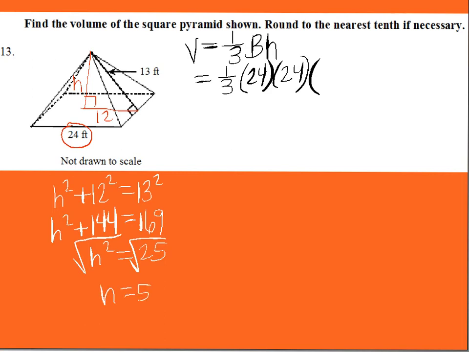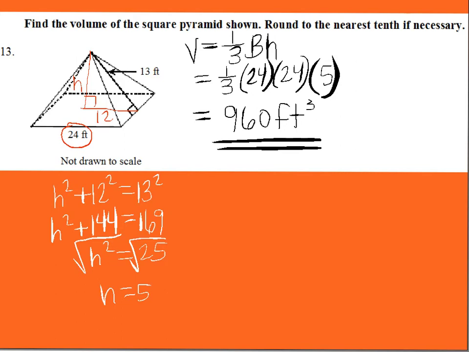So now I have my value for my height, and I'll plug that in. And then doing the math here, a third of 24 is 8. 8 times 5 is 40, and 40 times 24 is 960. Our units are feet, and volume would be cubed. So here's our answer.